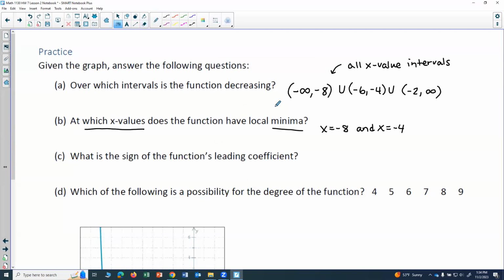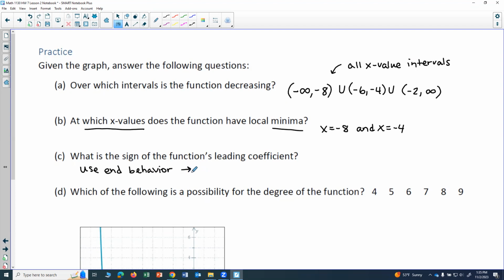So I'm going to use the end behavior to figure this out. If you missed the video where we talk about the end behavior of the graph of a polynomial, be sure to go back and watch that.